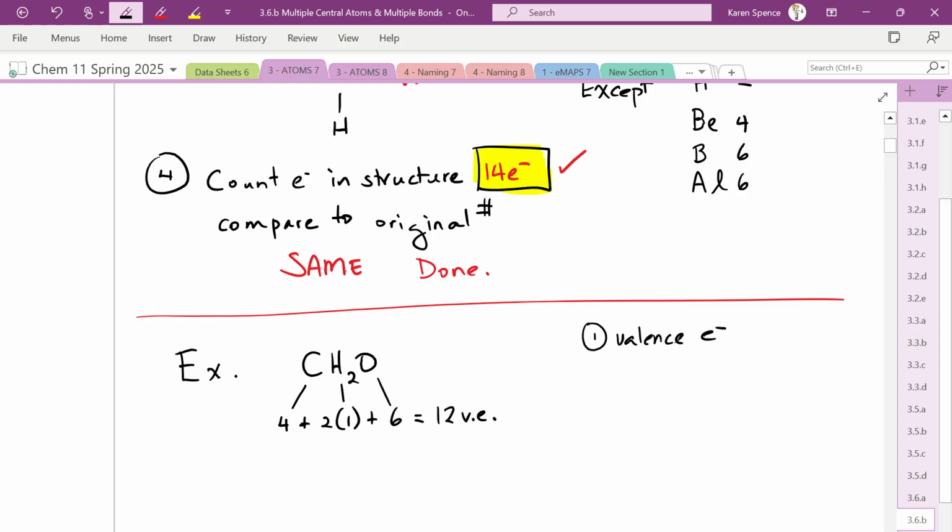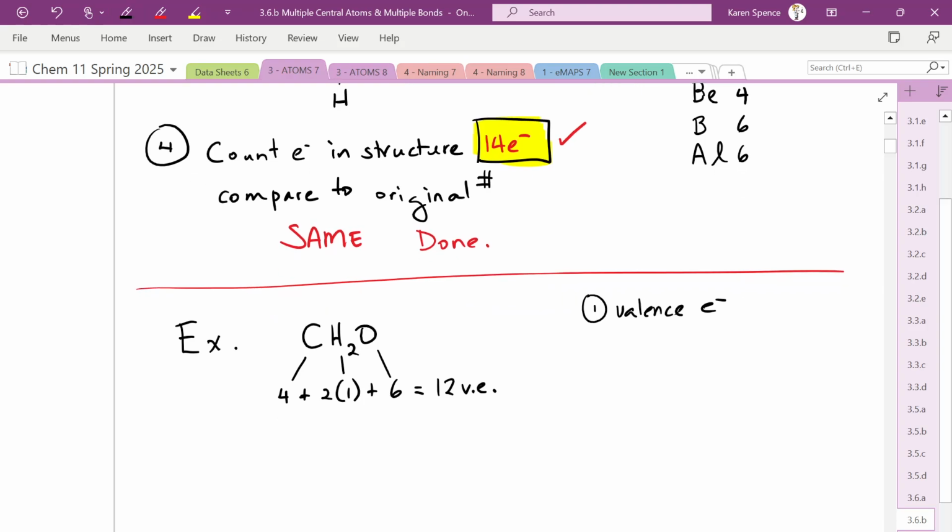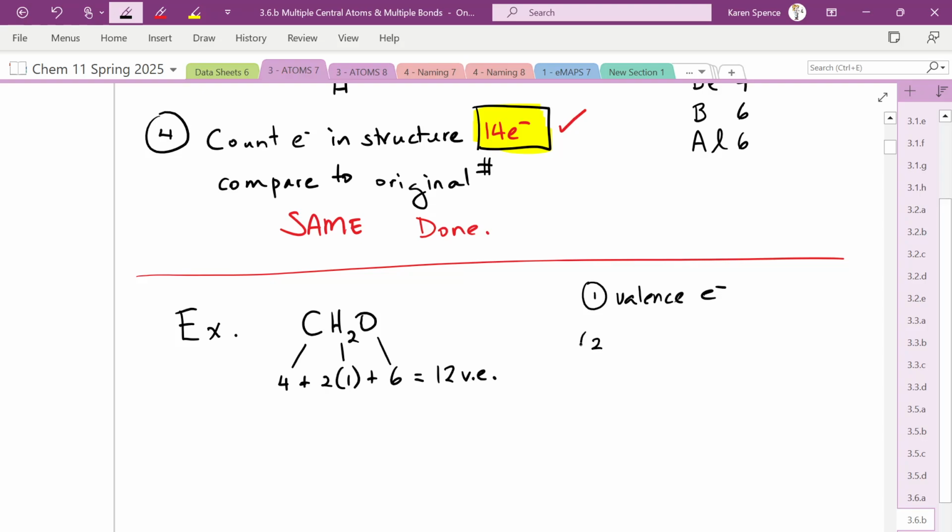We all get 12? Okay. Step number 2. What's step 2? Skeleton structure. Try drawing a skeleton structure and then you can compare with mine.